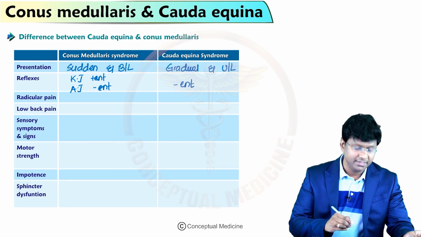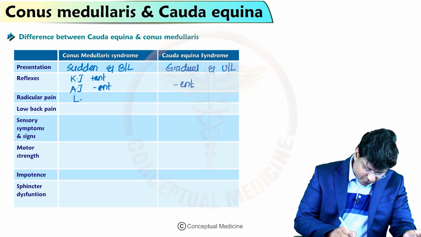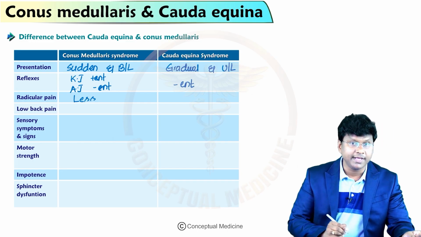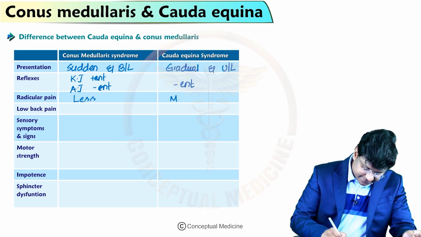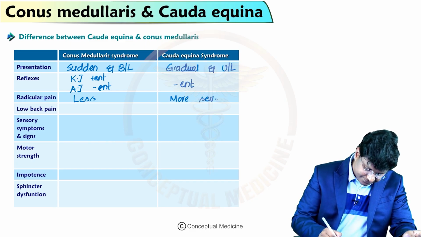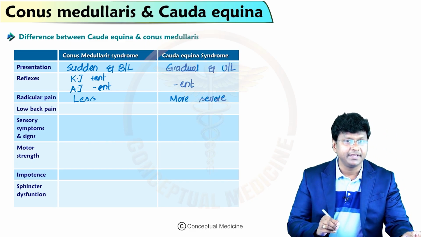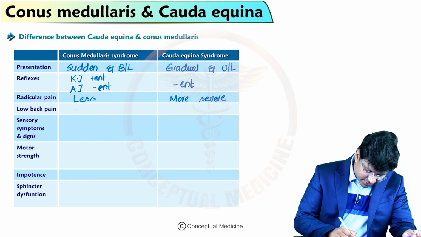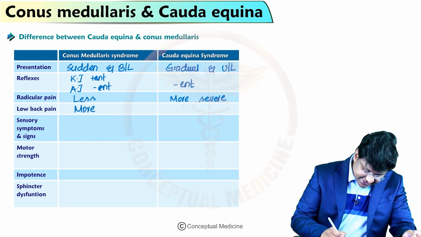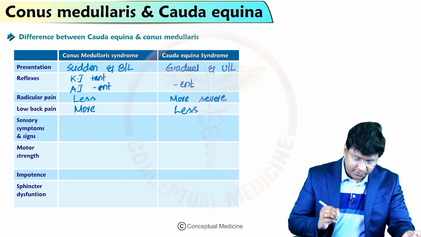And radicular pain is less severe in case of conus medullaris, whereas in cauda equina it is more severe.